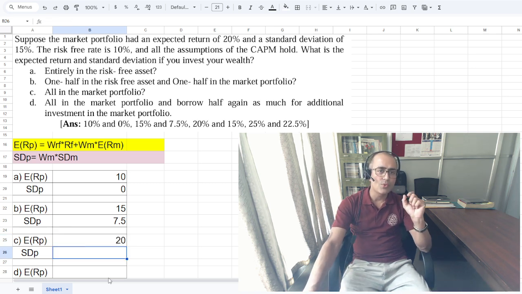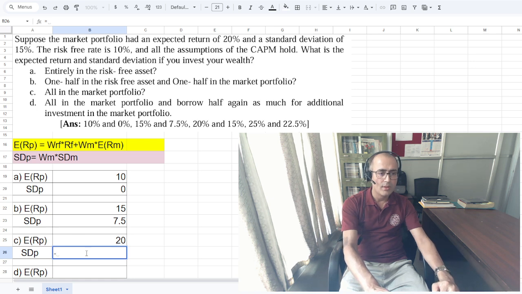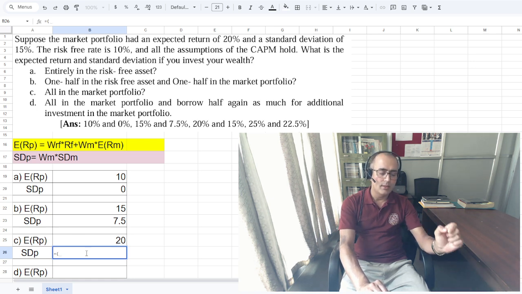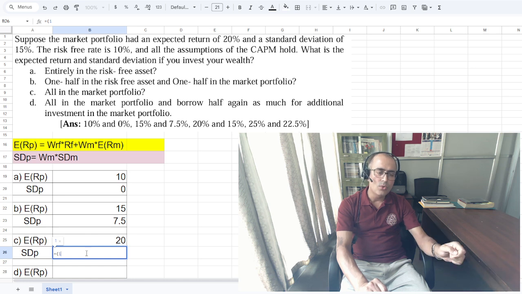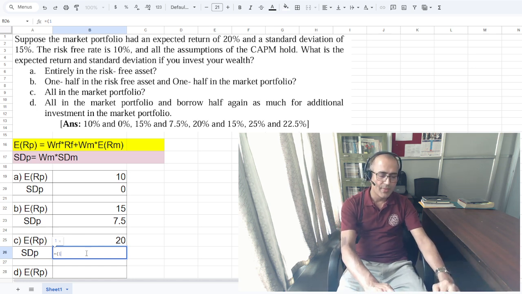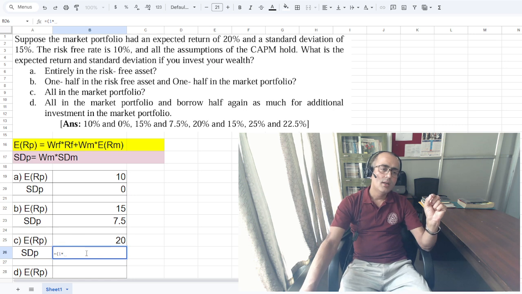So you would have a 20% expected return here. Now what about the risk here? All in the market portfolio, so your weight of the risky asset here is 1 into the standard deviation we have, which is 15%.